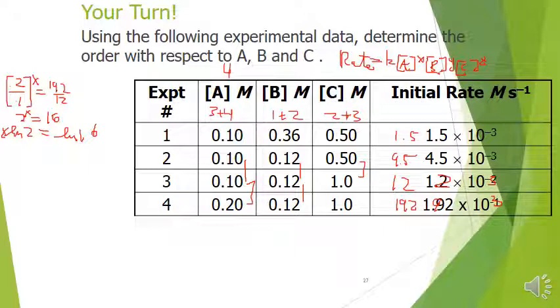Okay, number B. Again, we're just looking at 1 and 2, and the other concentration will cancel out. So you get 0.36 divided by 0.12, to the y power, has to equal 4.5, and we don't have to worry about the exponent, divided by 1.5, and that's 3.